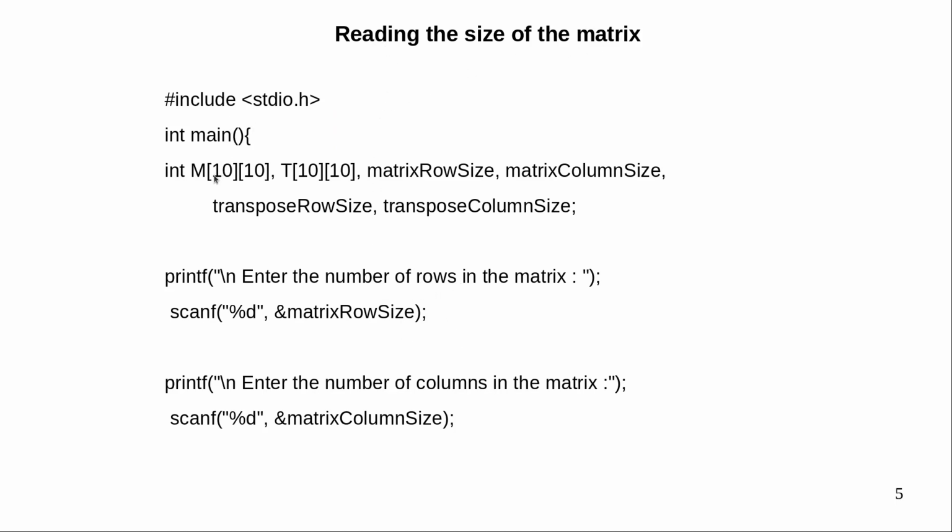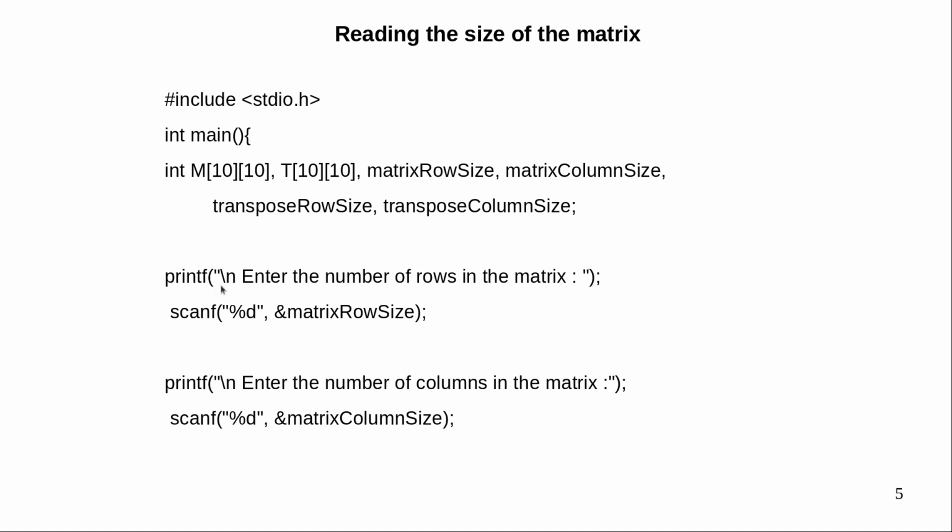The first part is to read the size of the matrix. Here we have declared our matrix M, and our transpose will be written into this two-dimensional array T[10][10]. The variables matrix row size and matrix column size are for entering the row and column size of the matrix, and transpose row size and transpose column size are for storing the row and column size of the transpose matrix.